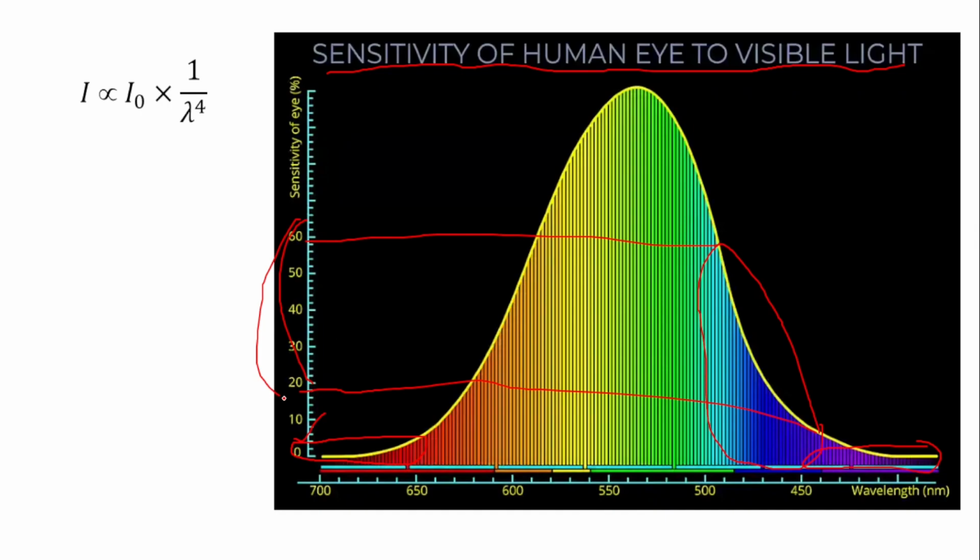So this whole range, the sensitivity of human eyes is higher than violet and indigo, and that's the third reason that the sky does not appear as violet or indigo, rather it appears as blue. So these are the three reasons for blue appearance of sky: the wavelength, the maximum intensity of blue light in the incident sunlight, and the relative high sensitivity of human eyes to blue light.